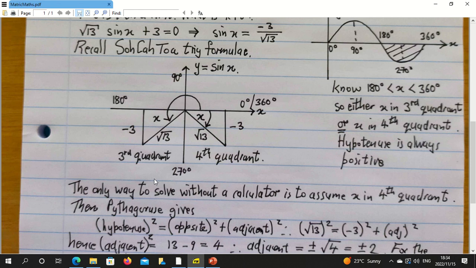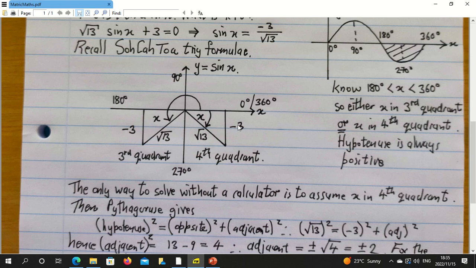So this is where you have to make an assumption. You assume that the angle x is acute. In other words, x is in the fourth quadrant. Because if it was in the third quadrant, you wouldn't really be able to solve it by hand. And the question says you need to solve it by hand. So assume it's in the fourth quadrant.